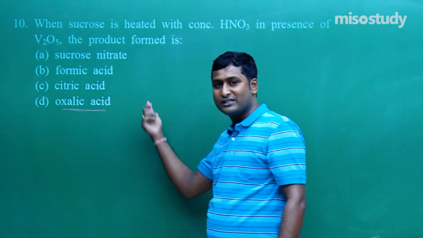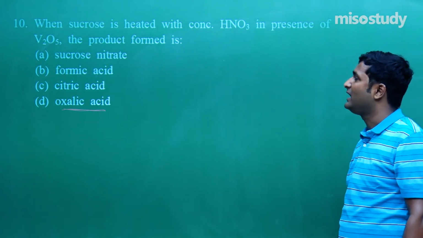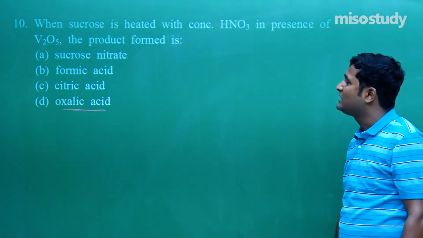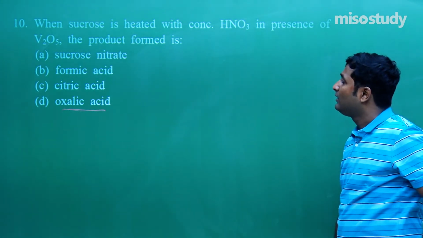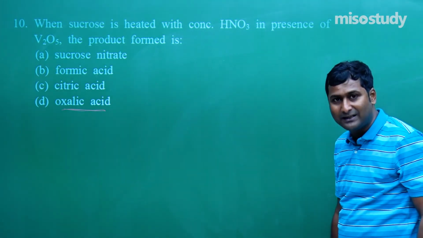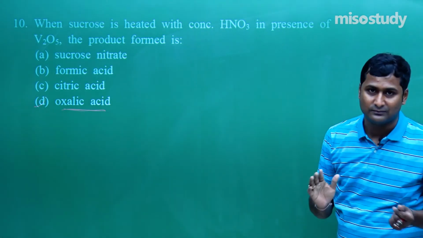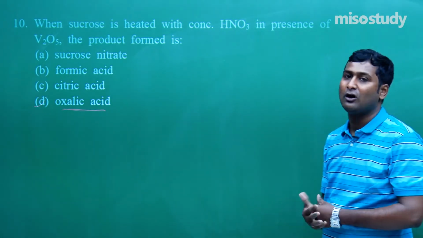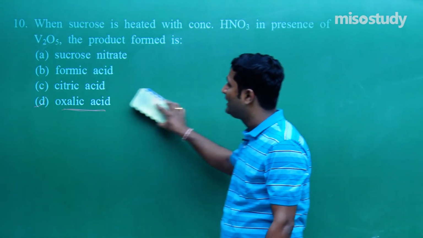This is a GK type question. When sucrose is heated with concentrated HNO3 in presence of a catalyst vanadium oxide, the product formed is oxalic acid. So for question number 10, D is the correct option. Clear? I think you can easily solve such kind of question. This is so simple.